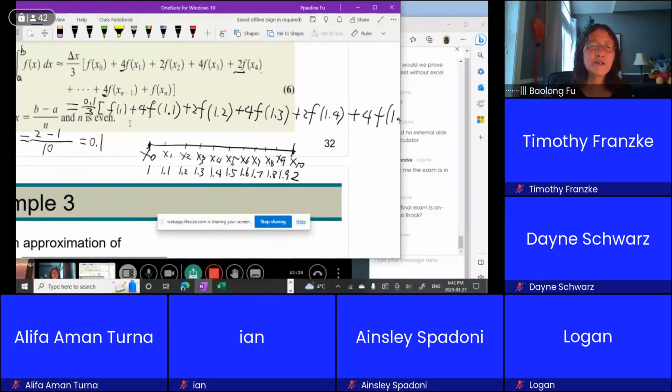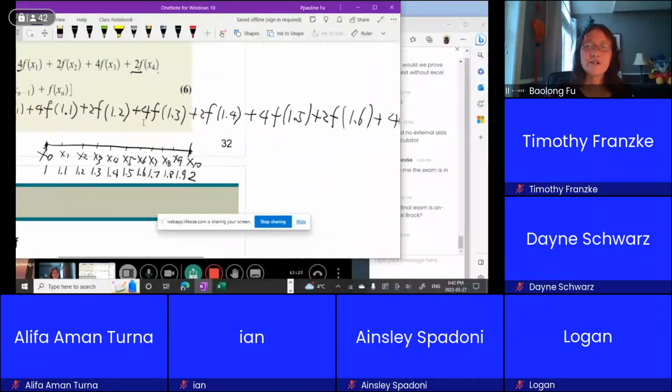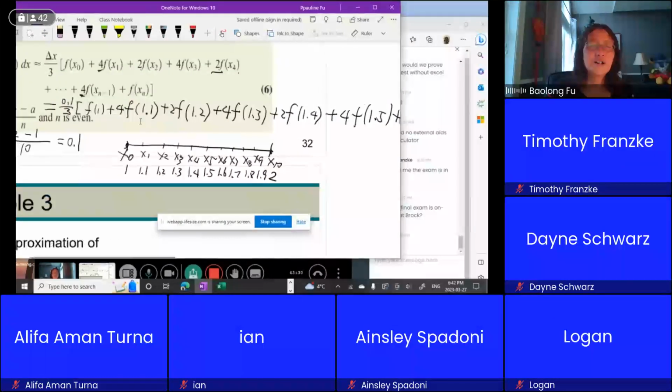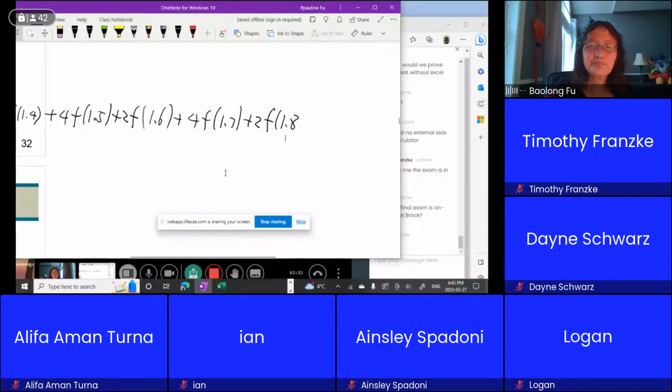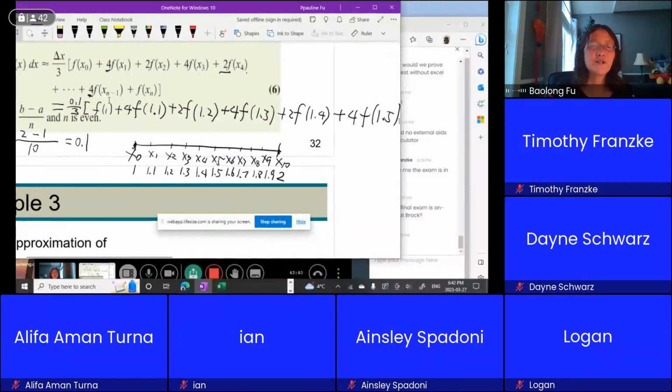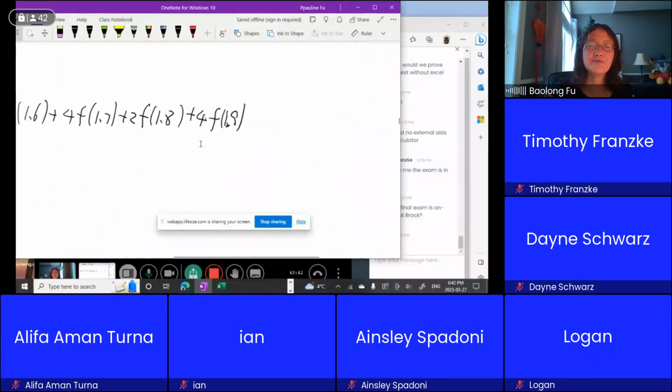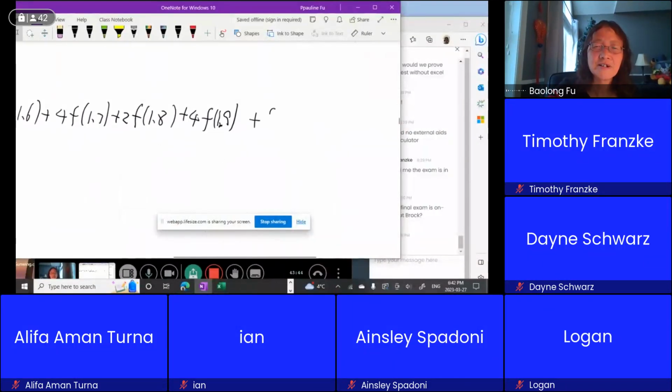This time I have to be careful. This is 4, 2, and then 4 f(1.9), and then finally f(xn), f(2).